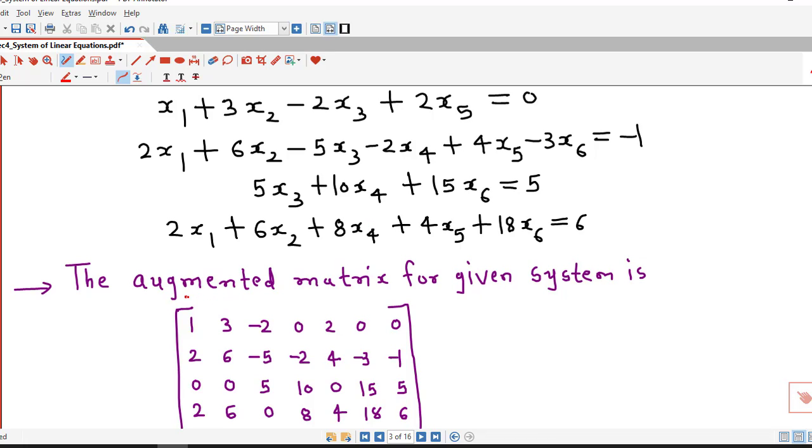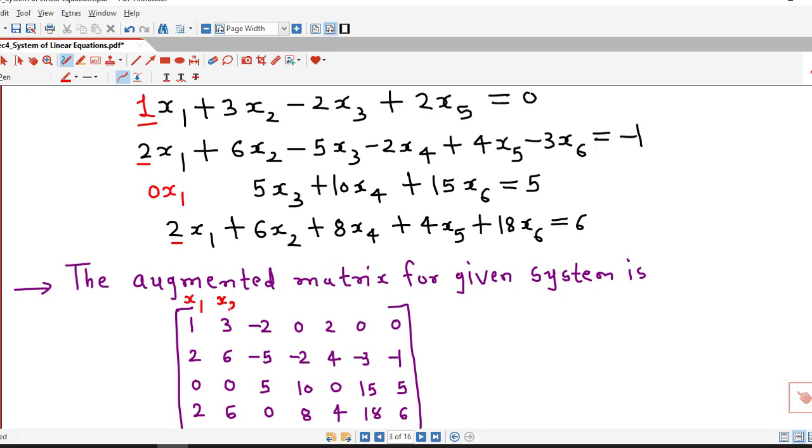First column corresponds to coefficients of x1 which are 1, 2, there is no x1 here so we consider 0, and 2. So the coefficients of x1 are 1, 2, 0, 2, that is the first column.